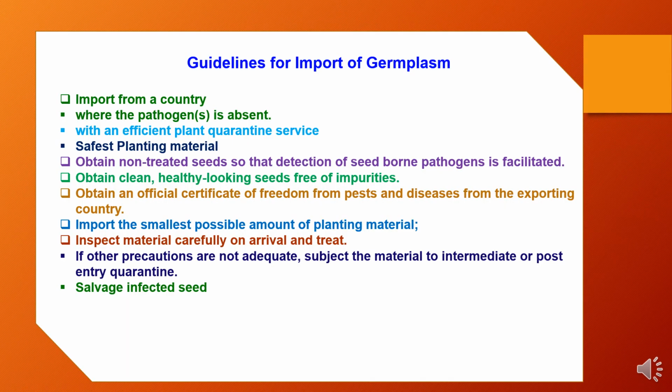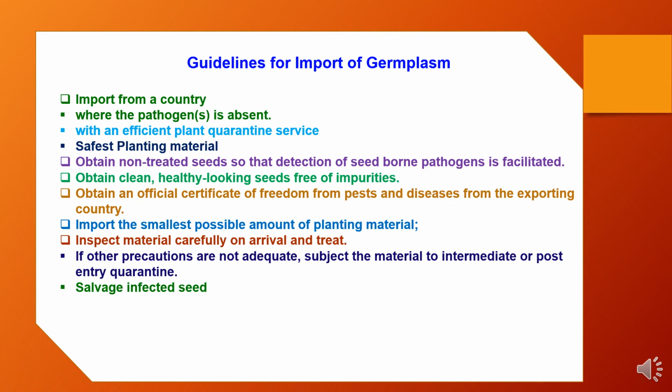There are specific guidelines for import of germplasm and they should be followed strictly. Import should be from a country where the pathogens are absent, and from a country with efficient plant quarantine services, so that inspection and treatment is done well in advance.